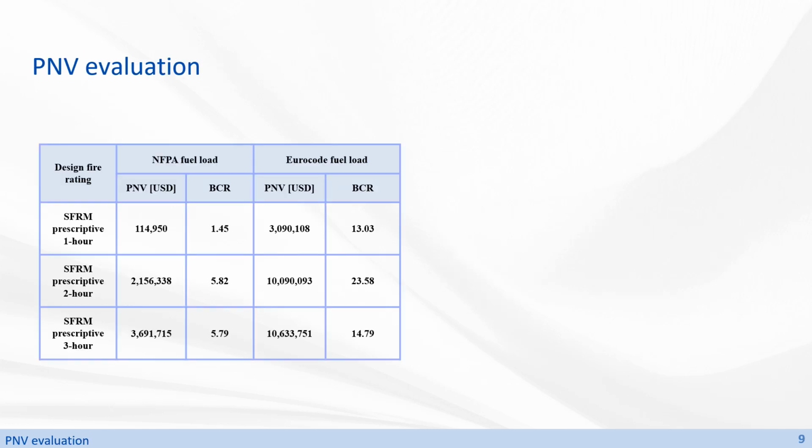The results of the present value evaluation are shown in the table. From the table, we can say that by using both fuel load distribution models, the present values always return positive values, which indicates the benefits outweigh costs. Therefore, under the studied conditions, these fire safety measures can be regarded as beneficial from an economic perspective.